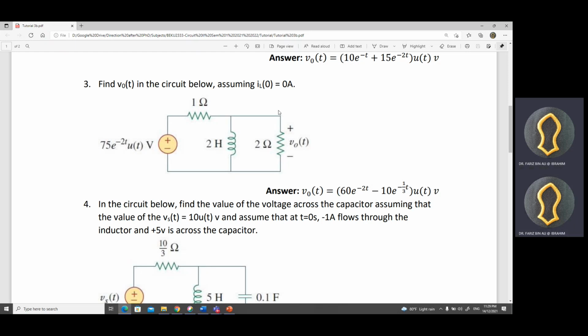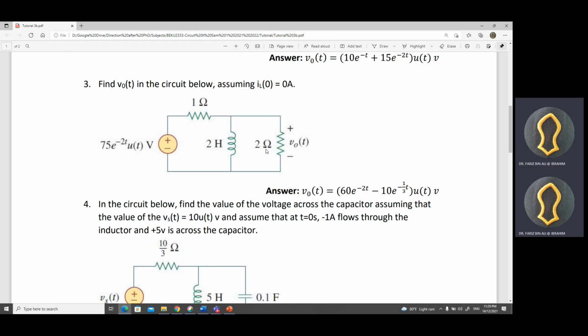For this question, the initial condition is 0, because I_L(0) is 0, so you don't have to consider the initial condition. We don't have a capacitor; what we have here is only an inductor. So here is the circuit.